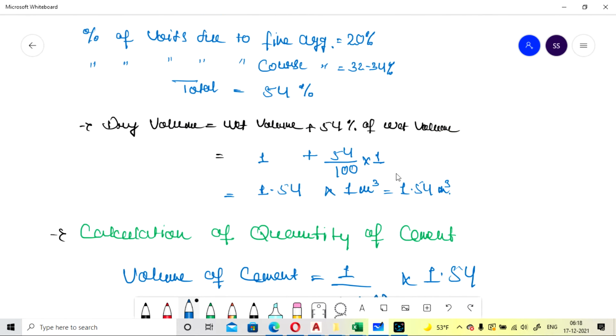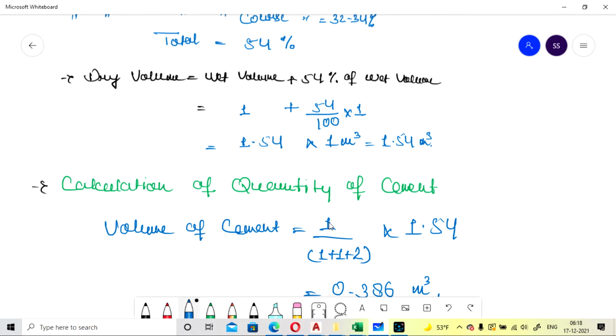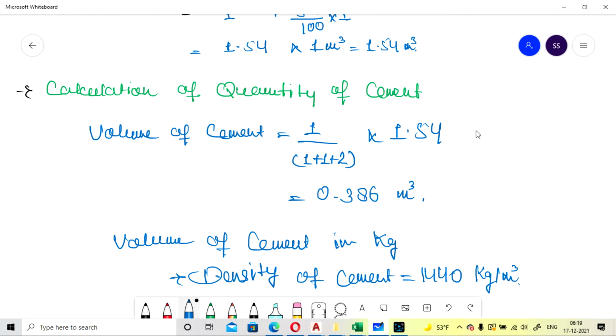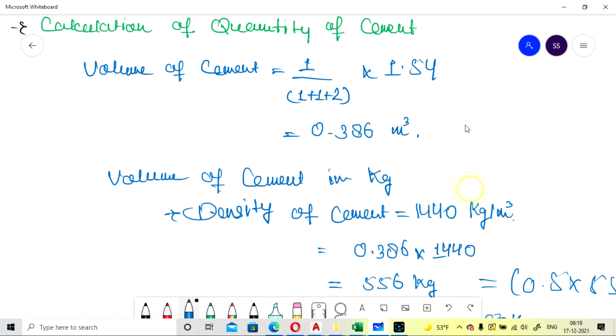So 1 is our ratio of cement and 1 plus 1 plus 2 is our total ratio. So 1 divided by 4 multiplied by our dry volume 1.54. So our volume of cement will come as 0.386 m cube, for the given grade of concrete. If the grade changes, your volume and quantity will change.